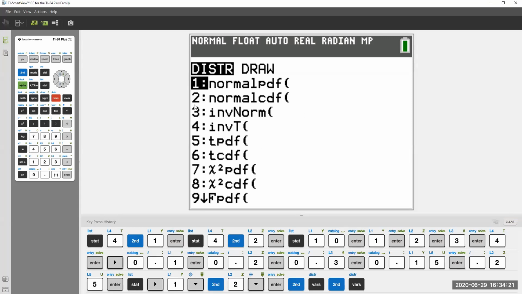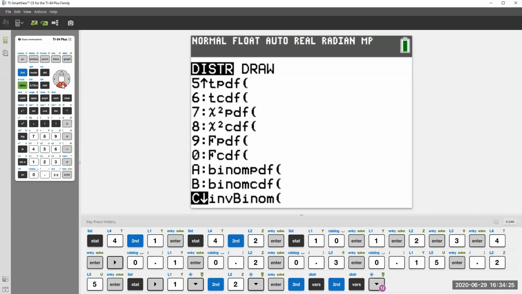I'm going to scroll down all the way to binomial PDF, this one. Binomial PDF. I'm going to select this function.